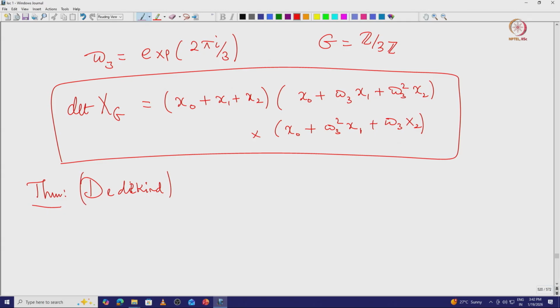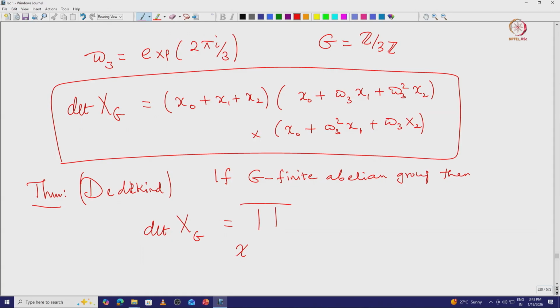Which says that if G is a finite abelian group, then what one can prove is that you take this determinant of xg, which is a polynomial in all these variables xg, g in G, and this can be written as a product, where you run over all possible one dimensional characters chi from G to C star.